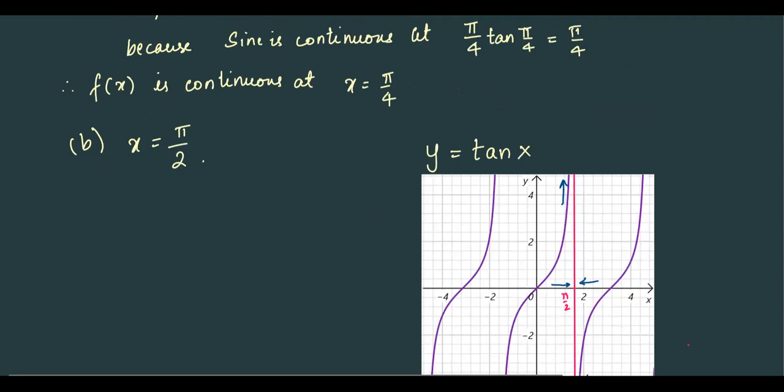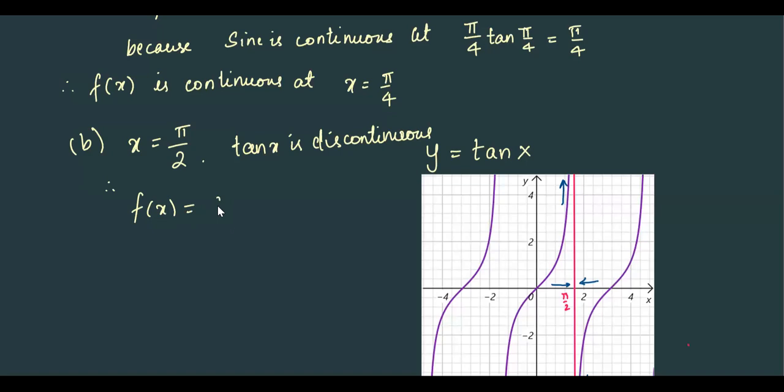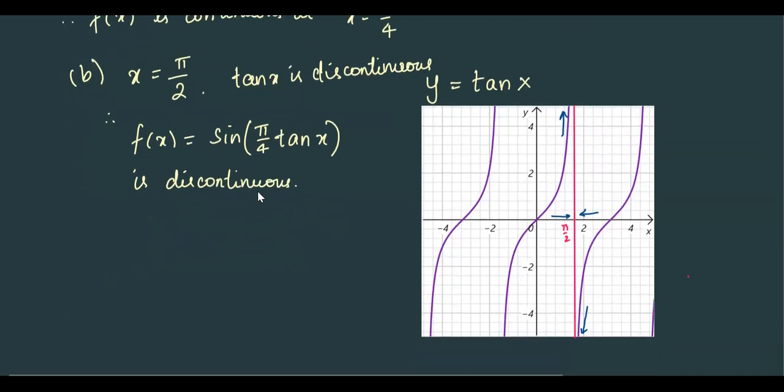So at x equal to pi by 2, tan x is discontinuous. Therefore, f of x equal to sine of pi by 4 tan x will also be discontinuous. In fact, it is not even defined, you can say.